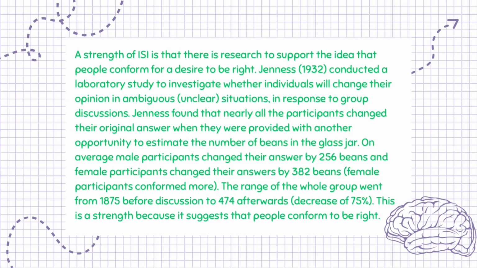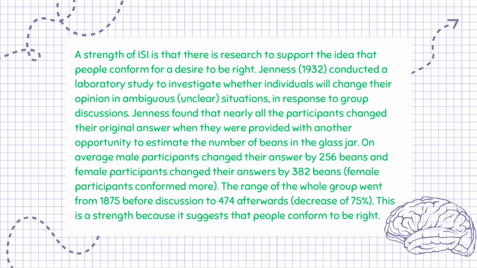Jenness, 1932, conducted a laboratory study to investigate whether individuals will change their opinion in ambiguous, unclear situations in response to group discussions. Jenness found that nearly all the participants changed their original answer when they were provided with another opportunity to estimate the number of beans in the glass jar.